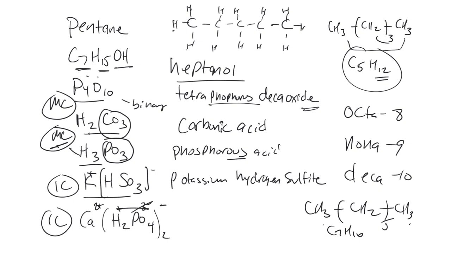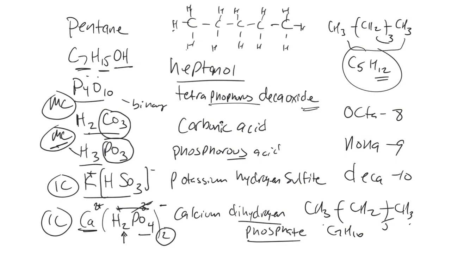It took 2 of them to balance out the charge with calcium. So this would be calcium dihydrogen phosphate, where dihydrogen phosphate is the name of the H2PO4 minus ion, if you recall.